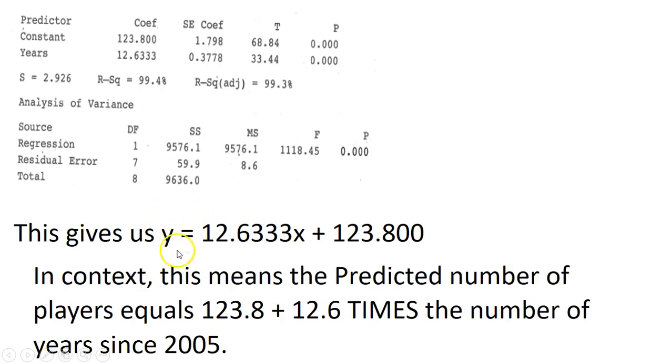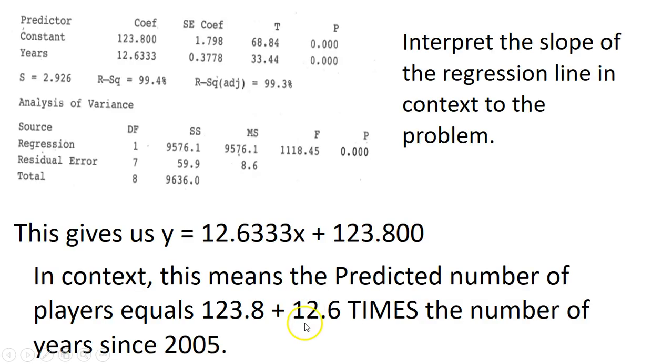In context, this means the predicted number of players equals 123.8. That's where it starts. Whether no one comes, they're predicting that that's what it should be at the first year in 2005. But then each year after, it appears that it's going up by 12.6 kids roughly each year. That's what it looks like it's implying.